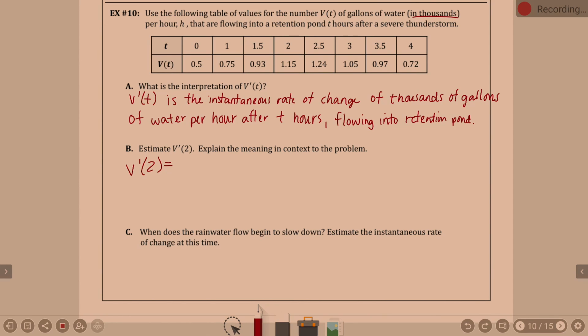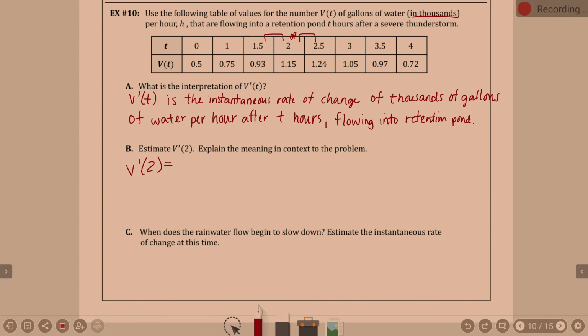Because 2 is listed, so often we've done these where 2 is not listed, so we do what's on either side. Because 2 is listed, you would actually want to use 2. So you either want to use 1.5 and 2 or 2.5 and 2. So either way, do you guys have a preference? No.